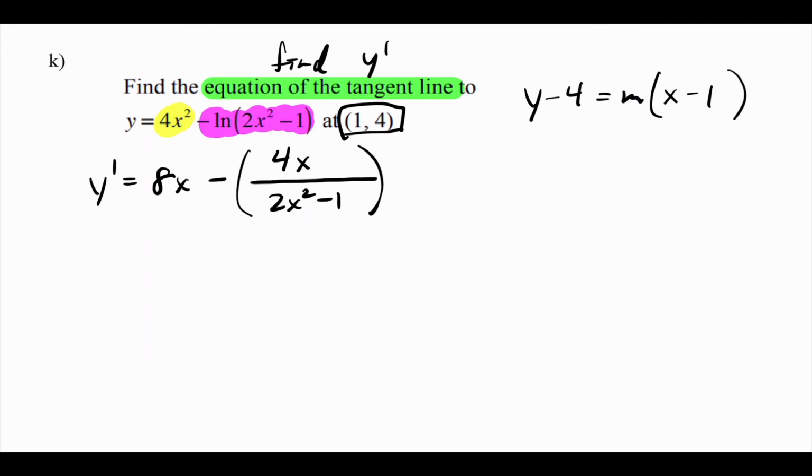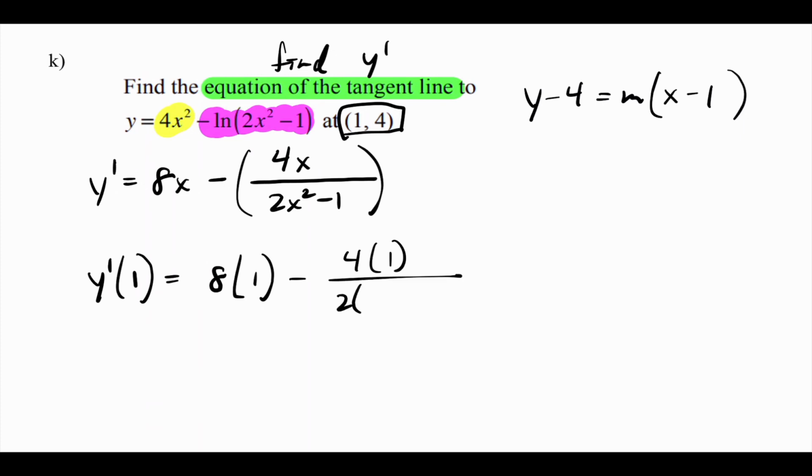Plug in x. X is 1. Everywhere I see an x. So y prime of 1. So I get 8 times 1, 4 times 1 over 2 times 1 squared minus 1.